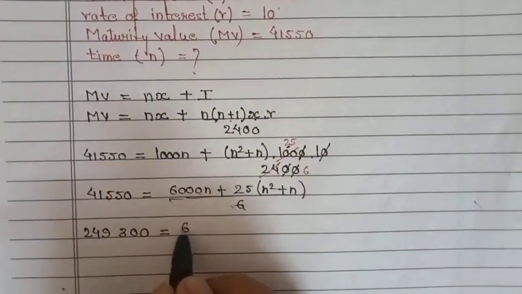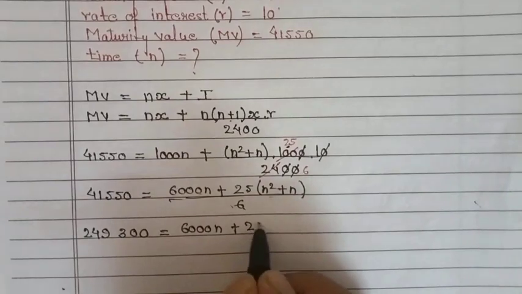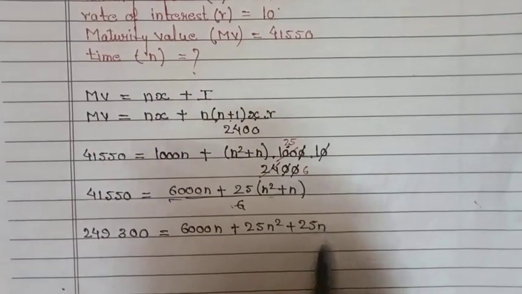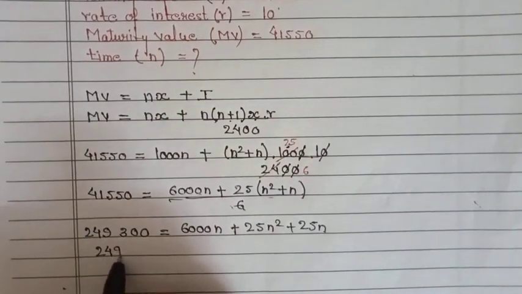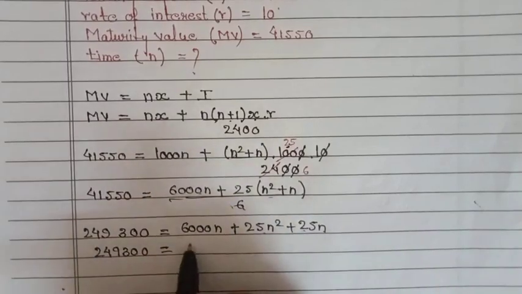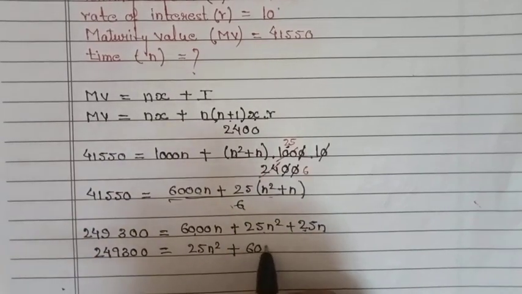Here 6000N, you open the bracket, 25N square plus 25N. So this will become 249,300 equals 25 of N square plus 6000N plus 25N, that will give you 6025N.